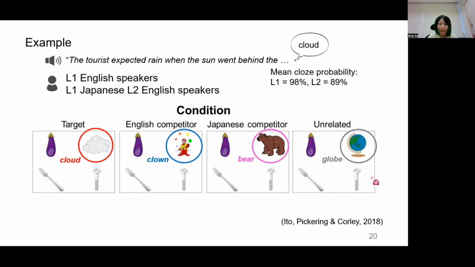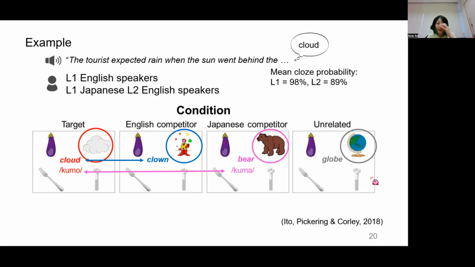In the Japanese competitor condition, the name of this critical object, when translated into Japanese, was phonologically related to the target word. The target word in Japanese was kumo, and the Japanese competitor was kuma, so kumo and kuma were phonologically related.